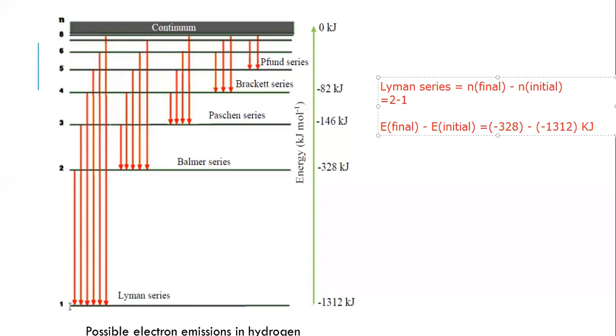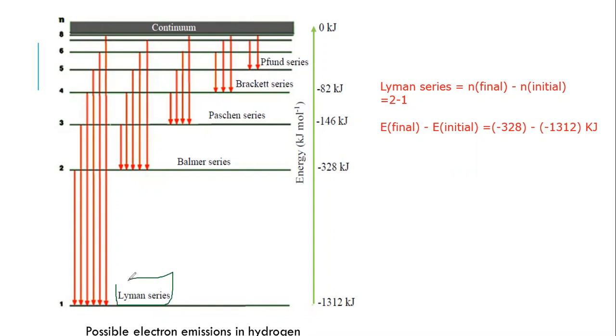This belongs to the Lyman series. Guys, you should be very careful about that. Always in the Lyman series, the final level is 1. You can see the electron coming from 2 to 1, 3 to 1, 4 to 1, 5 to 1, 6 to 1, and the continuum to 1. This is called the Lyman series.